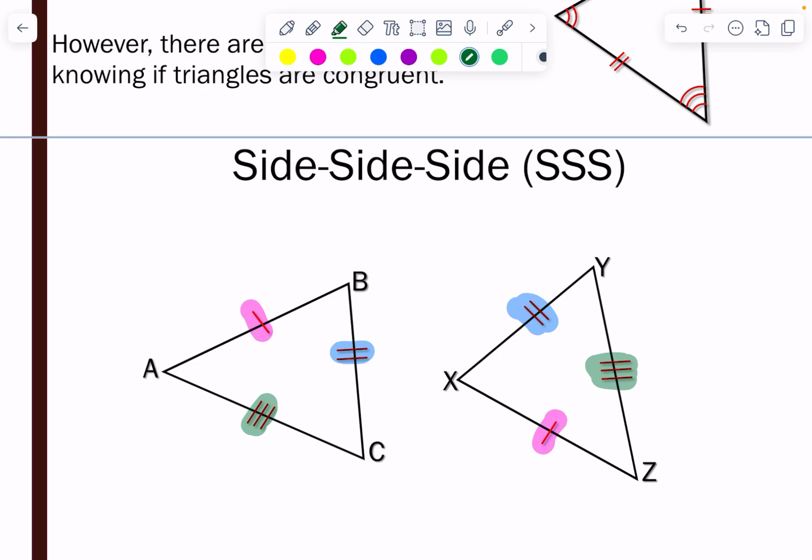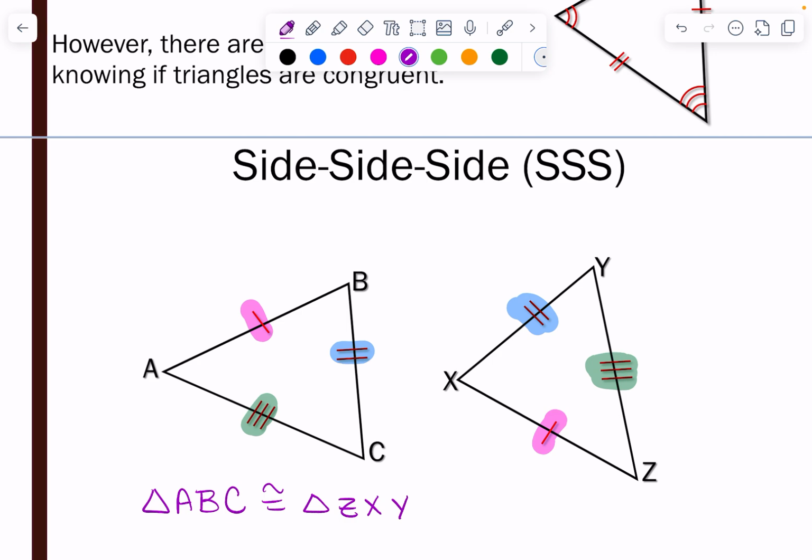Okay? Now, how you write that congruence is very important. So I'm going to start over here and go triangle ABC is congruent to triangle. Now we need to make sure that we match up. We're going from A to B, and that is from the 1 congruent side to the 2 tick mark side. So that would be ZXY.